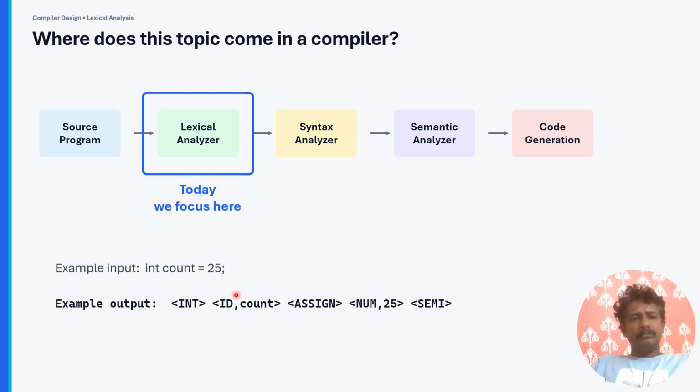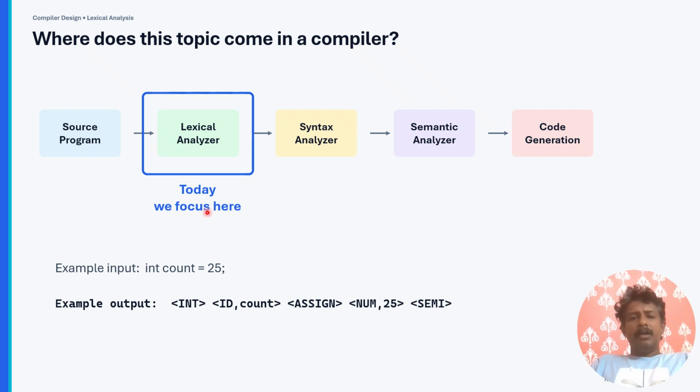Let us place this topic inside the compiler. A compiler has many phases. The first phase is the lexical analyzer. This phase reads your source program character by character and groups the characters into meaningful words called tokens.